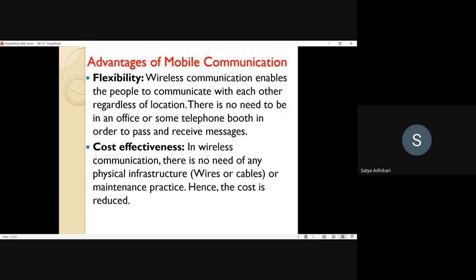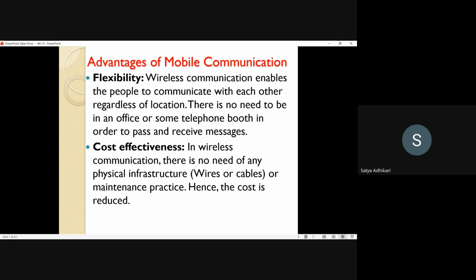Then what are the advantages? Why are you using mobile communication nowadays? The first advantage is flexibility. Wireless communication enables people to communicate with each other regardless of location. So, as we discussed, when we are moving, we can also continue our communication.